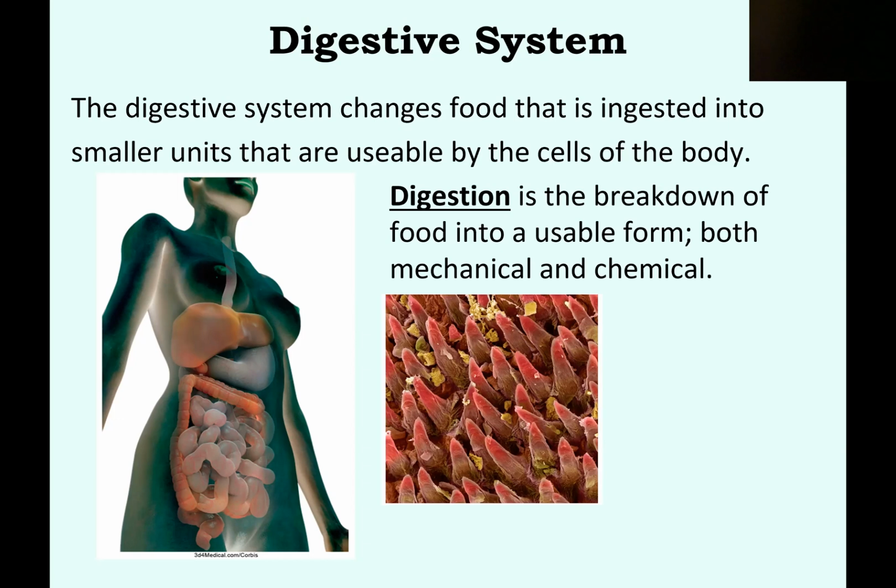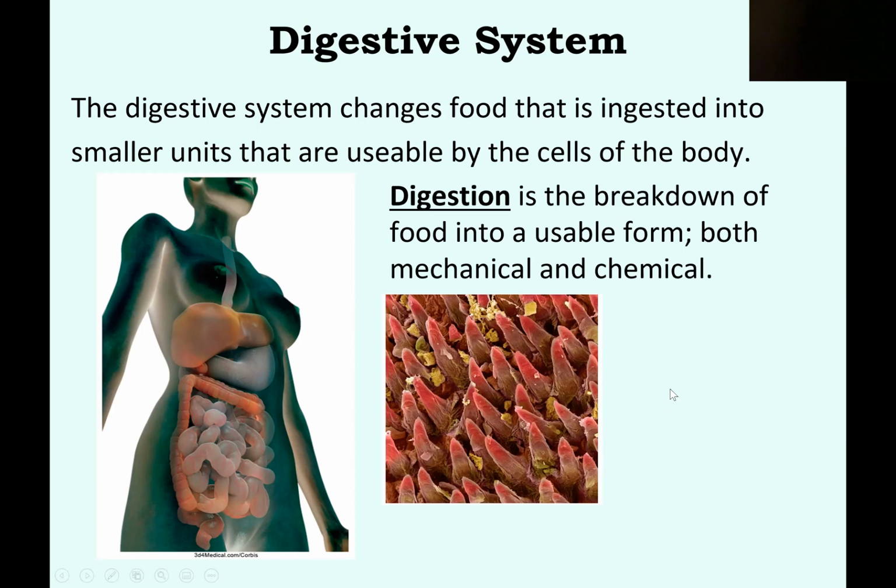And it's compression that we see as it passes along the rest of the digestive tract. It's mixing action in the stomach. Chemical digestion is applying enzymes to break the chemical bonds within the molecules.